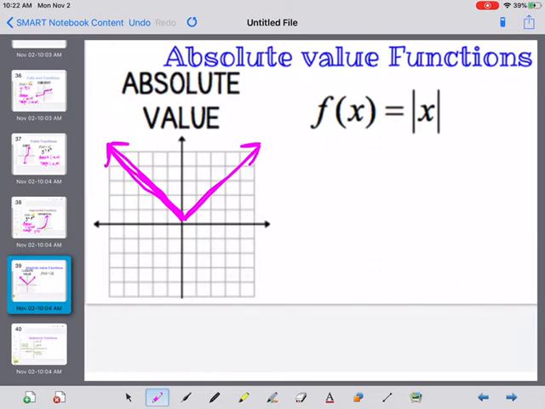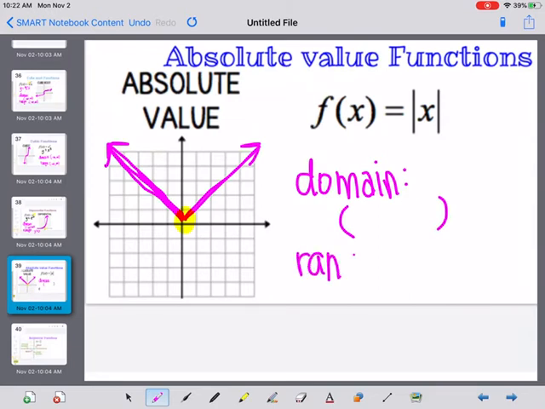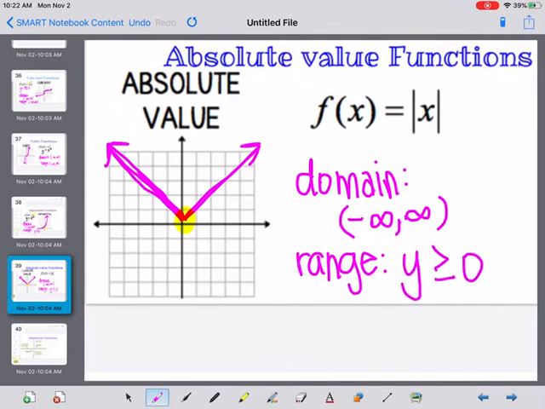And it starts at the origin. It starts at 0. And so what is my domain here? It's going to be negative infinity to positive infinity. And your range is going to be anything greater than or equal to 0.